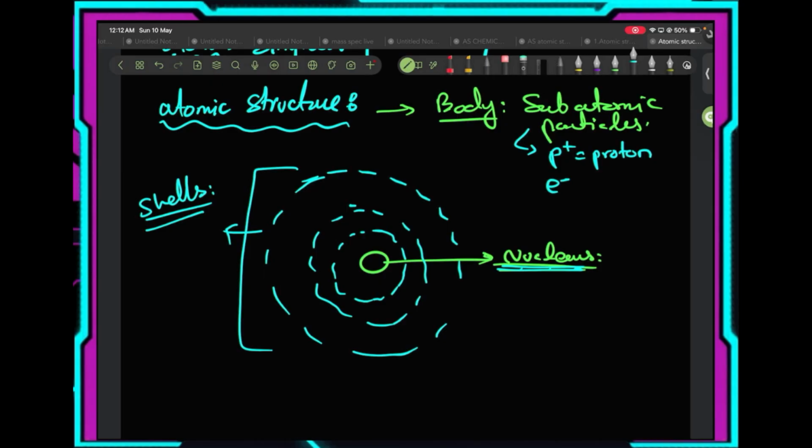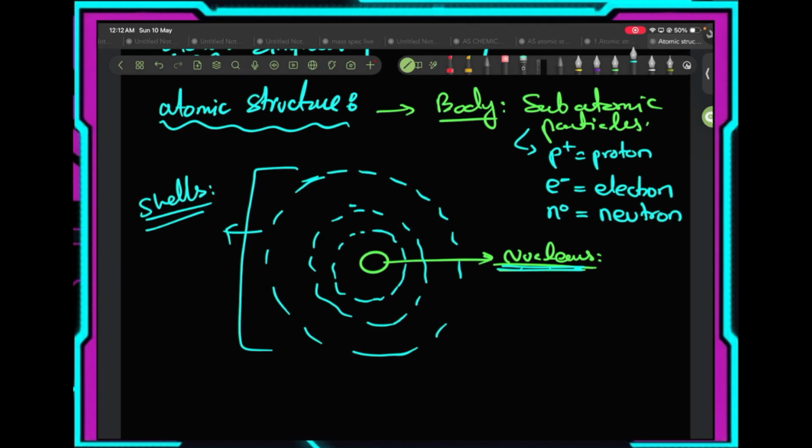Then there's the electron, which has a negative charge. So it is a negatively charged subatomic particle. And you have a neutron which has zero charge. Basically, it is neutral. There are three subatomic particles. These are the body parts of an atom that are going to be included in the atomic structure, right?